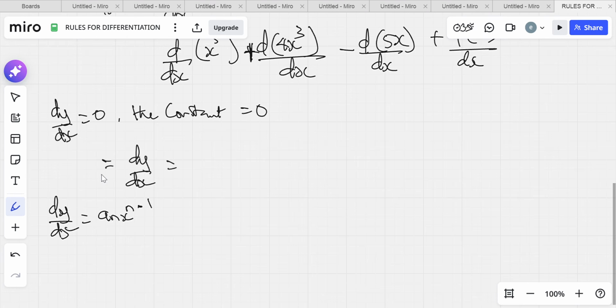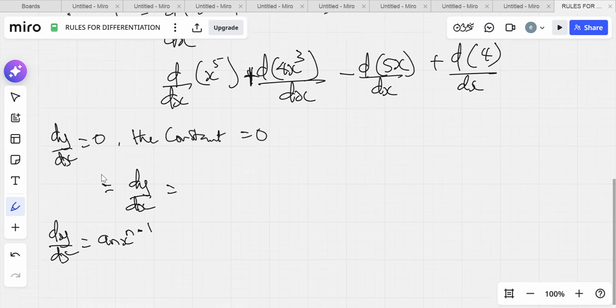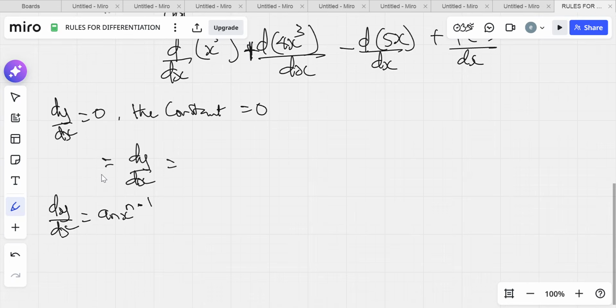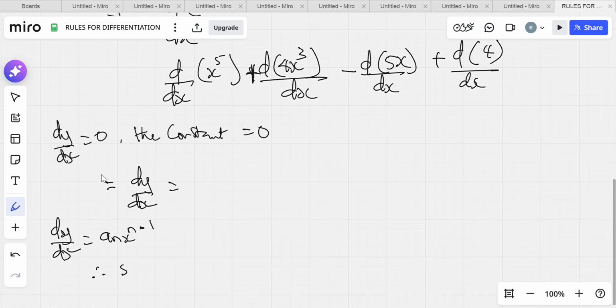That is what we mean by differentiating. You know the first function is x raised to power 5, so it will now be 5x raised to power 5 minus 1, plus this one will now be 4 times 3.